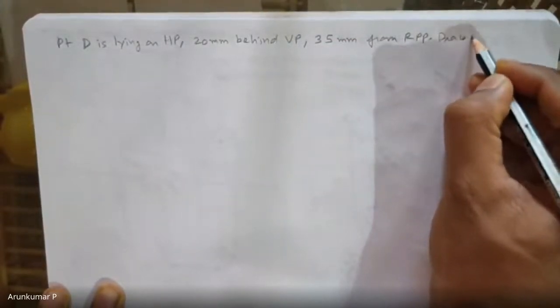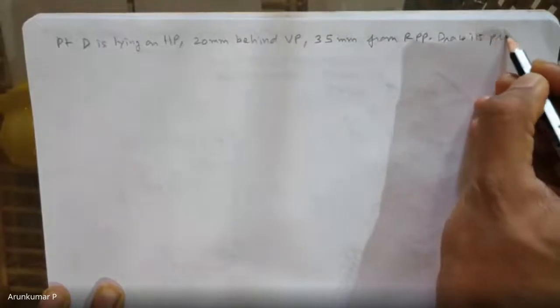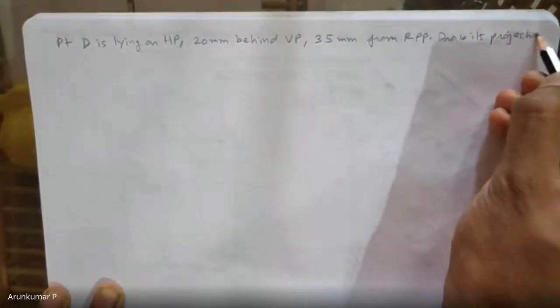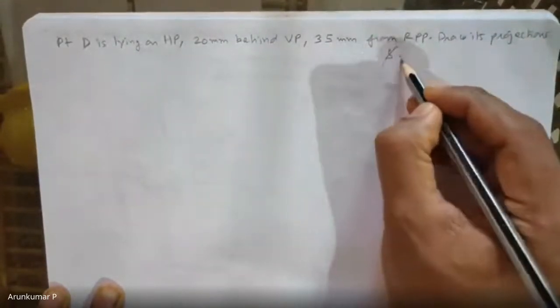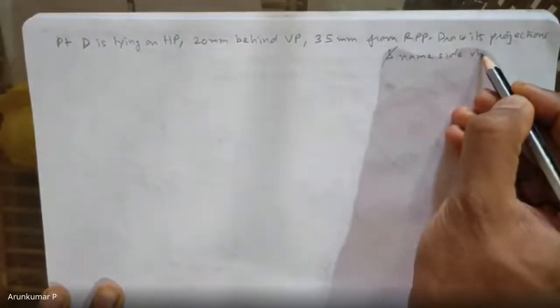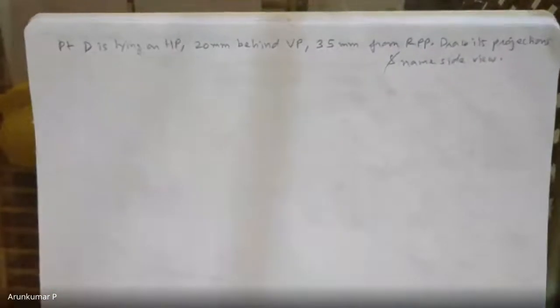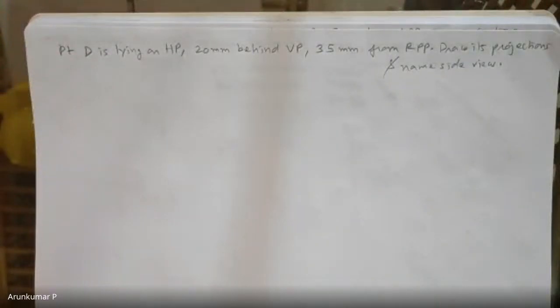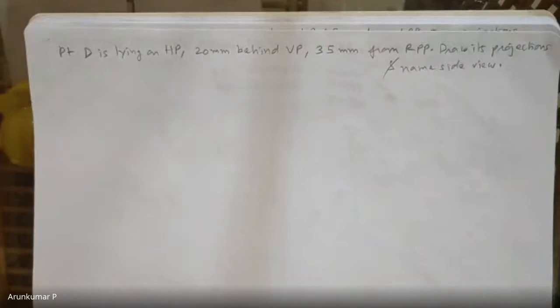Draw its projections and name the side view. So this is a statement. Point D is lying on HP, 20 mm behind VP and 35 mm from RPP. Draw its projections and name the side view.